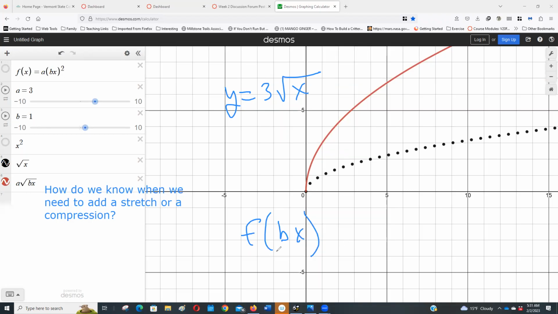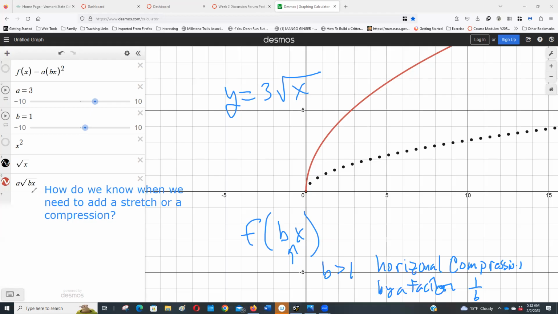If b is bigger than 1, that's going to be a horizontal compression by a factor. Usually what it says in the book is to put it 1 over b.